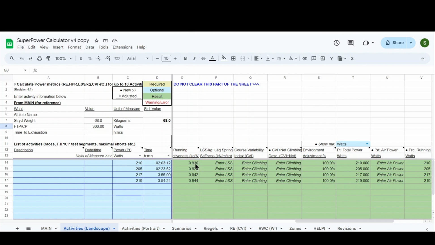It's going to bump up to about 0.94. This one here, about 0.936.